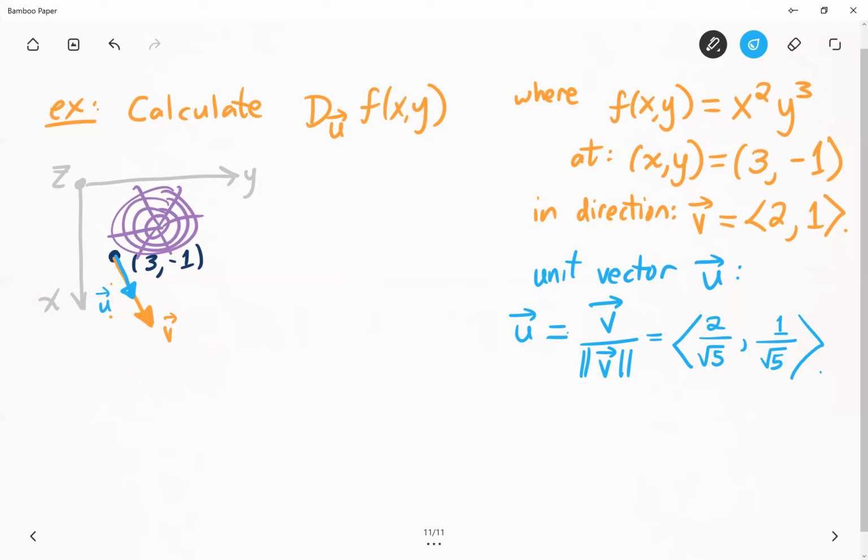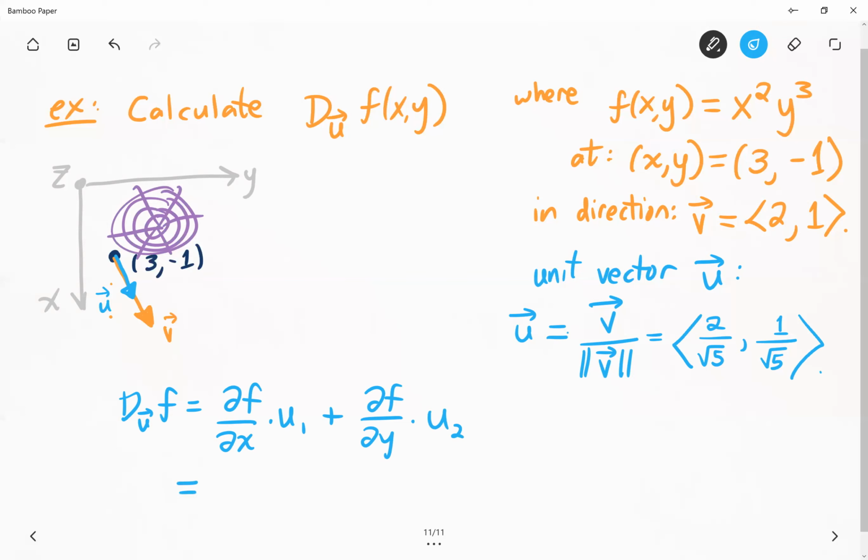That's the unit vector we want to work with. So to calculate the directional derivative, du of f is going to be df dx times u1 plus df dy times u2.